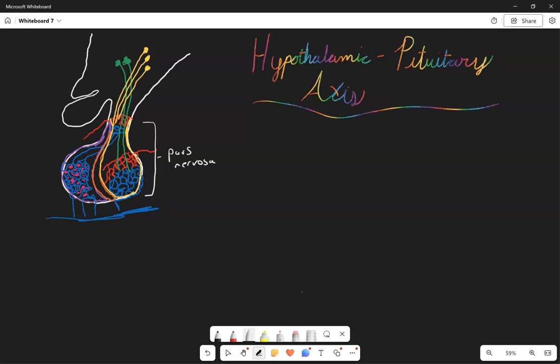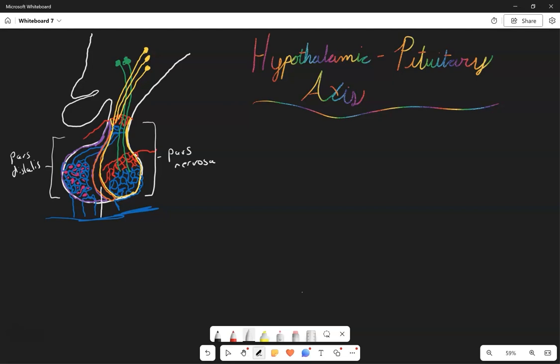And it is posteriorly located, so we often refer to that as the posterior pituitary. This region up here, which I have drawn and outlined in purple, this is known as the pars distalis, or because it is anteriorly located, it's often referred to as the anterior pituitary.